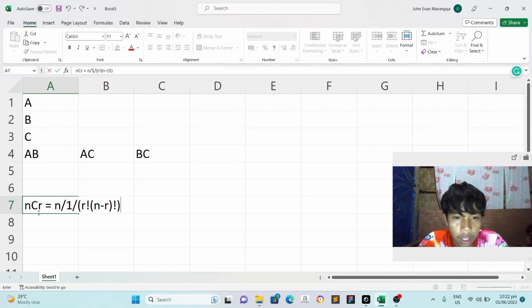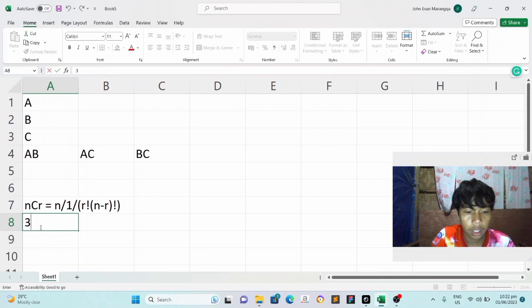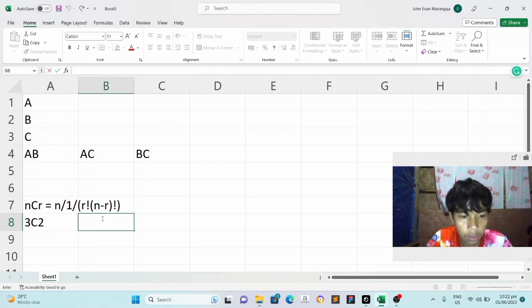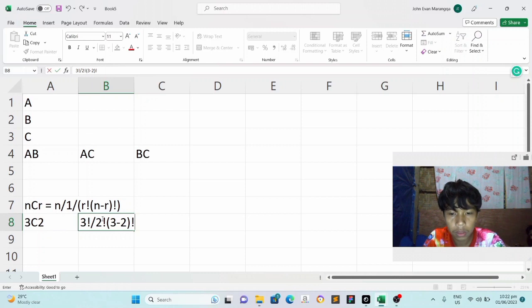Applying the formula, we have 3C2, which equals 3 factorial divided by 2 factorial times (3 minus 2) factorial, resulting in 3 possible combinations.